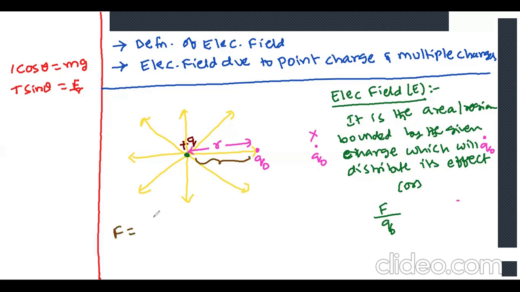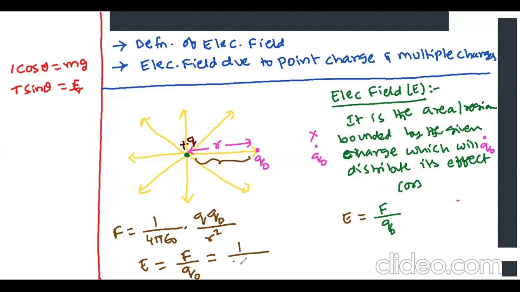According to Coulomb's law, F equals 1 by 4 pi epsilon naught times Q Q naught by R square. So F by Q naught, by definition, is the electric field, which is 1 by 4 pi epsilon naught Q by R square.